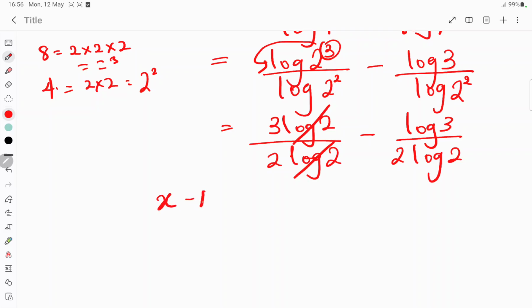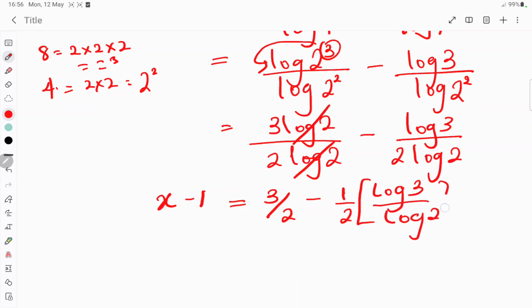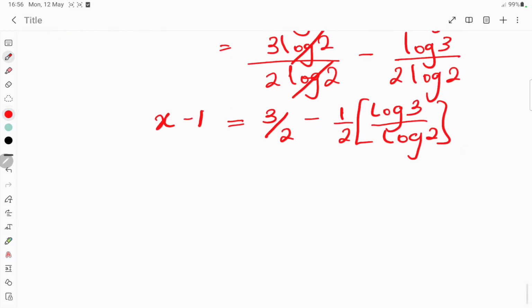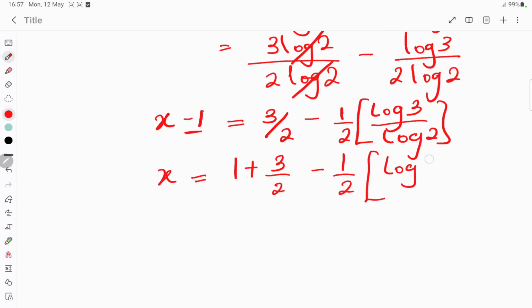We are having x minus 1 is equal to 3 over 2 minus 1 over 2, factoring out the half, log 3 over log 2. On getting this, when minus 1 crosses the equality sign, it becomes plus. So x is equal to 1 plus 3 over 2 minus 1 over 2 log 3 over log 2.